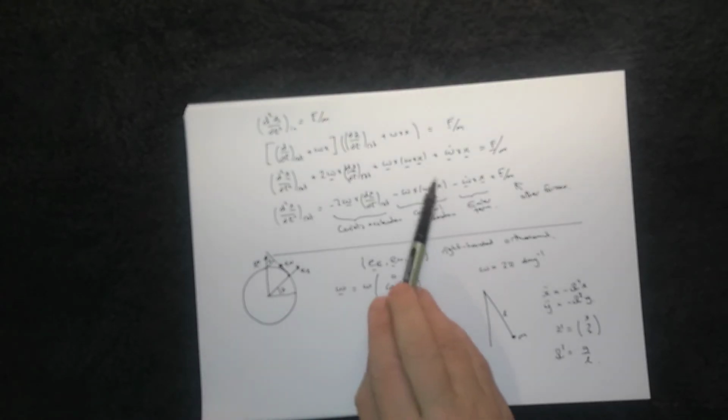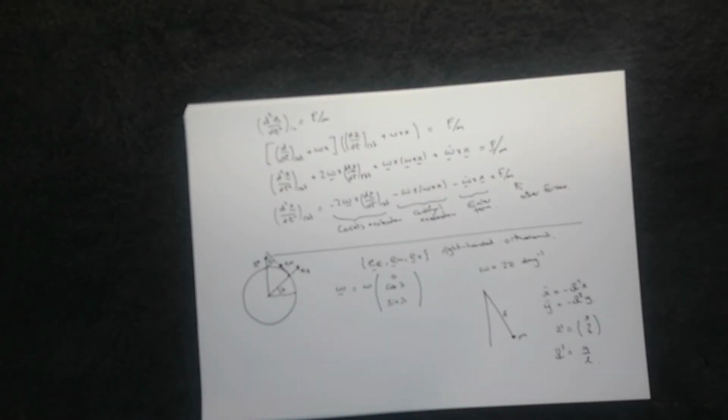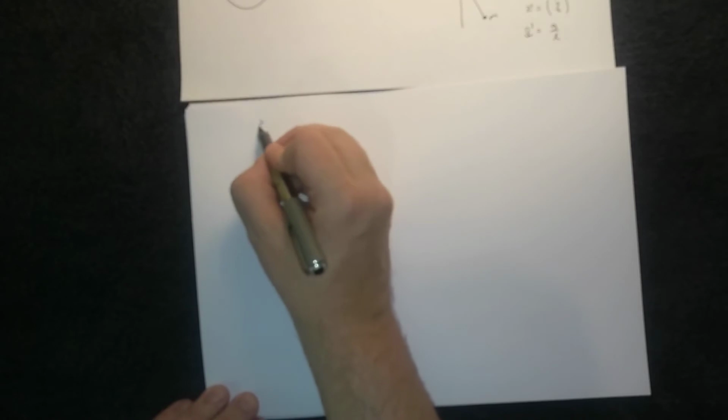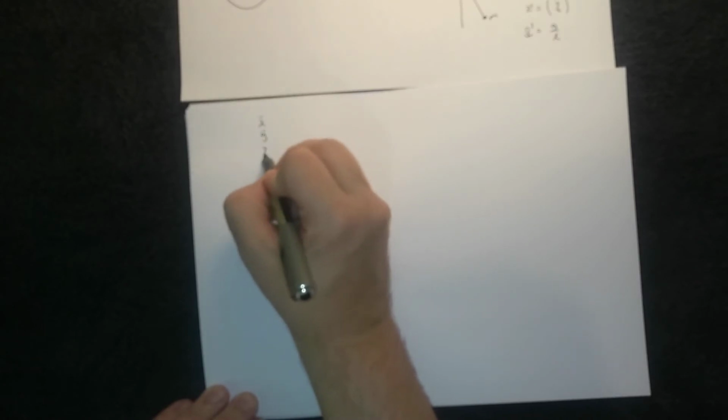If we neglect this term here, the centrifugal term, it's quadratic in omega, and just concentrate on the Coriolis force, the Euler term already vanishes. Then we get x double dot, y double dot, z double dot.